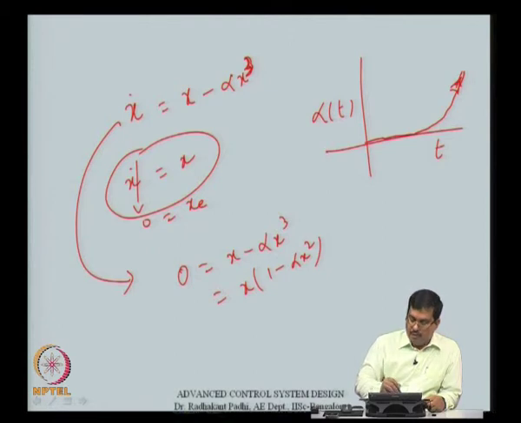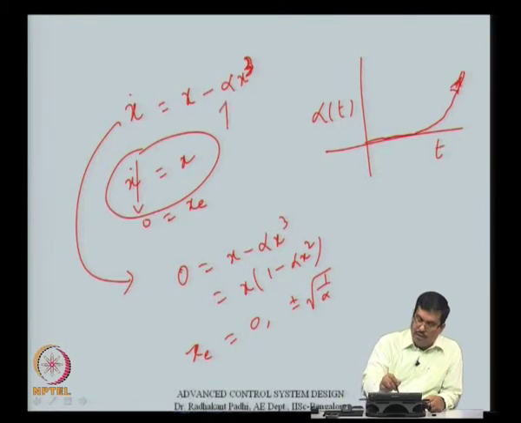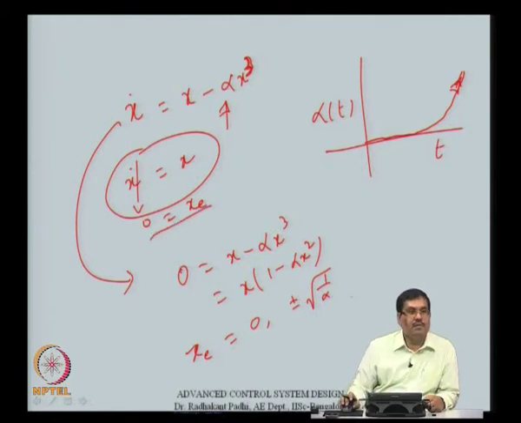So, the equilibrium points are both 0 as well as plus or minus square root of 1 by alpha. You can very clearly see from this equation. When I cannot really neglect this alpha, then the equilibrium points start showing up. Initially it was only 1, later it will start showing up.